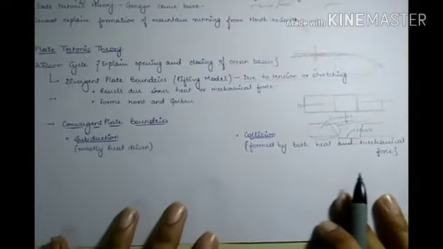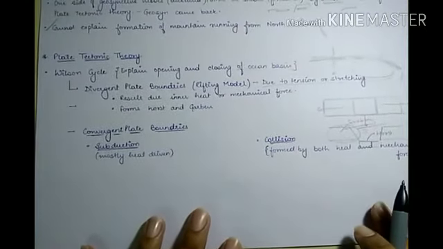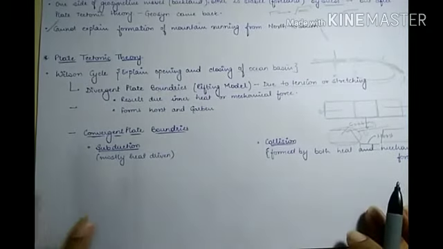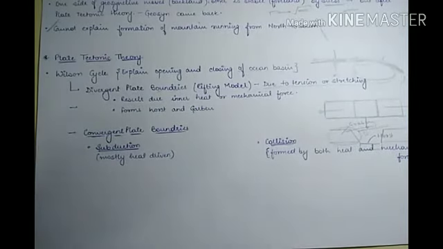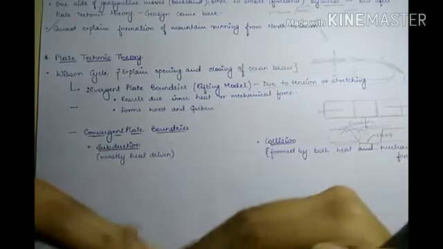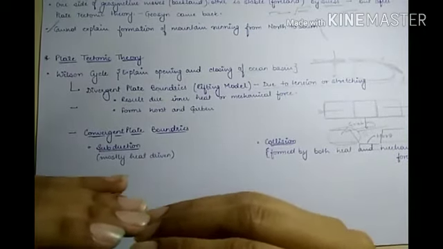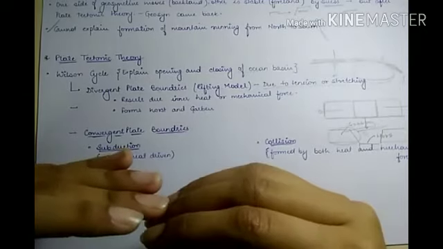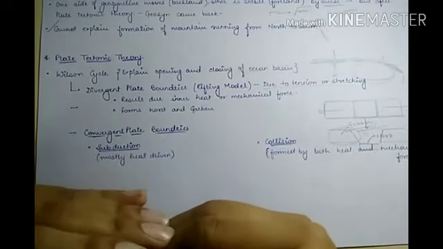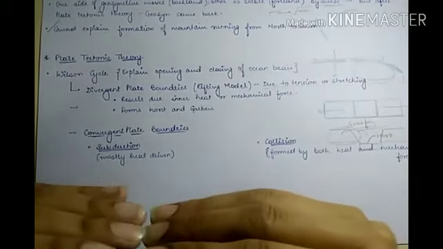Next we have convergent plate boundaries. The process in convergent plate boundaries can take place in two types. First is subduction, where the heavier plate subsides when we have a head-on collision of two plates.